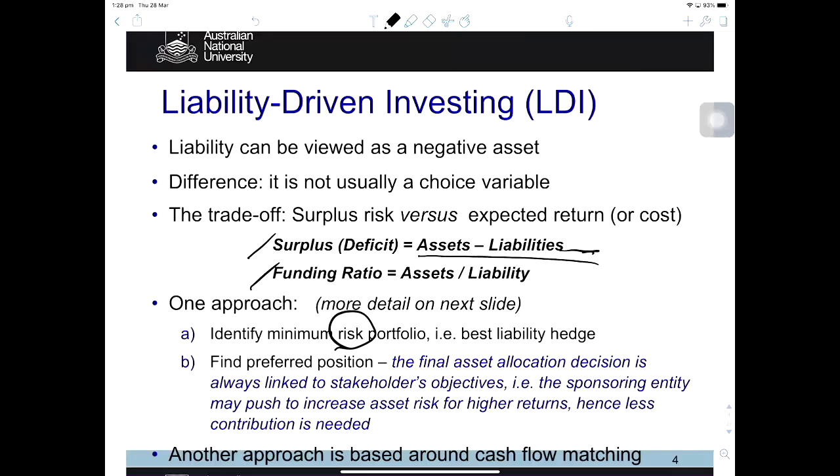And we're going to assess the surplus, volatility, and the funding ratio of the fund until the point that the sponsoring entity and the members, the union, all agree, okay, this is fine. So the minimum risk portfolio, that asset allocation, is a starting point.